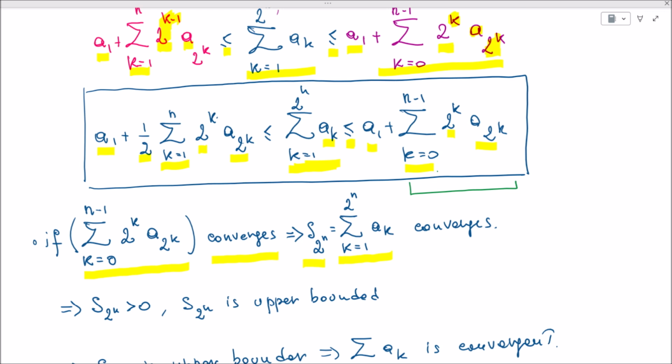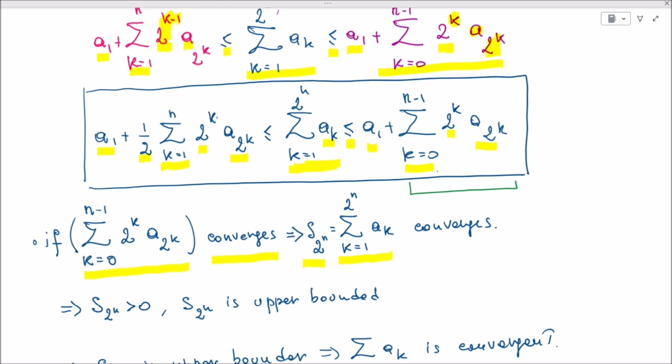We have two sequences of partial sums. If the one on the right converges, of course also the one on the left converges. So that implies that s_{2^n} converges.